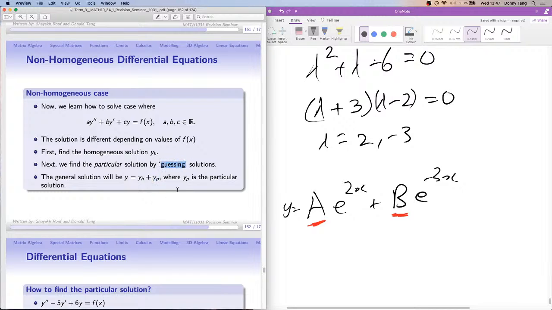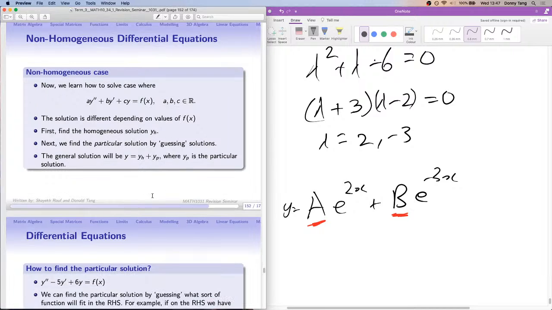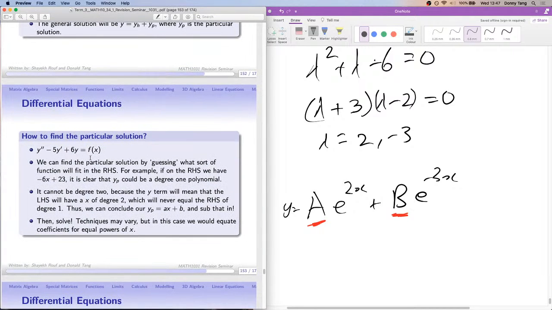And by the way, when we say guessing, we mean extremely educated guesses. We're not literally going, oh, it could be 3x. We obviously make an educated guess. So here it is.